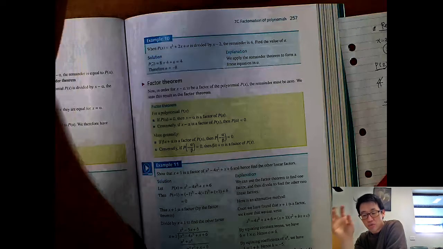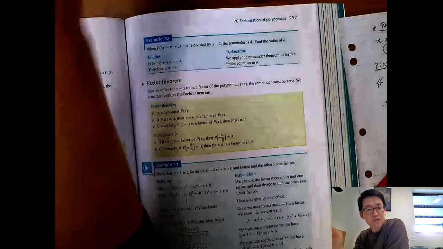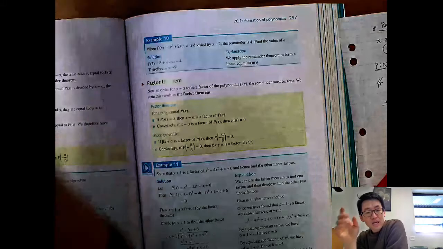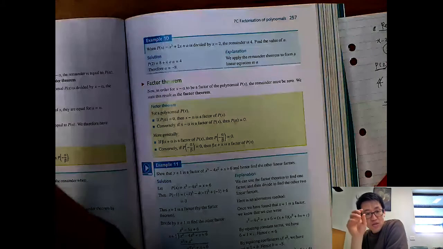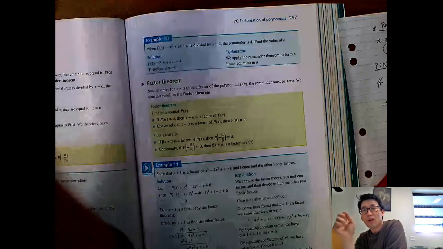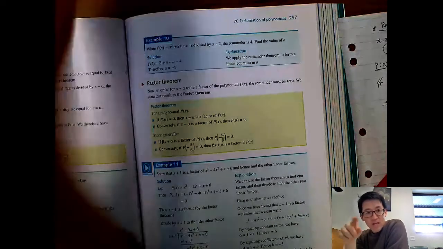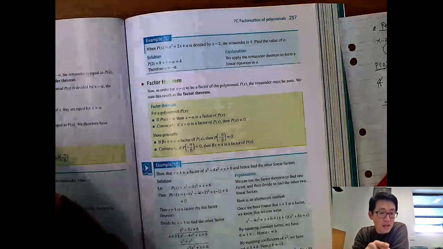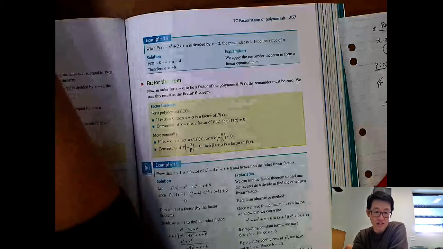So when you put 3 into that polynomial, we will get the remainder. That's the remainder theorem. And according to factor theorem, if x equals 3, when I put 3 into the polynomial and solve everything, it has to equal 0, which means your remainder is 0. That becomes a factor.